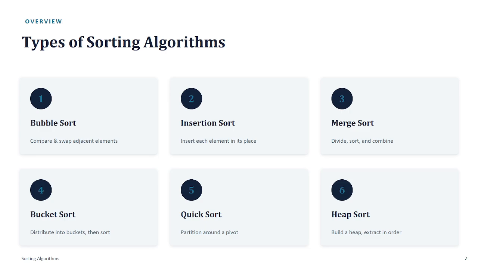Next comes insertion sort, which works similarly to arranging playing cards, and then we will look at merge sort, quick sort, which is more commonly used for larger data sets. We will also study bucket sort and heap sort, each designed for specific situations. By the end of this session, you will know how each algorithm works and when it should be used.